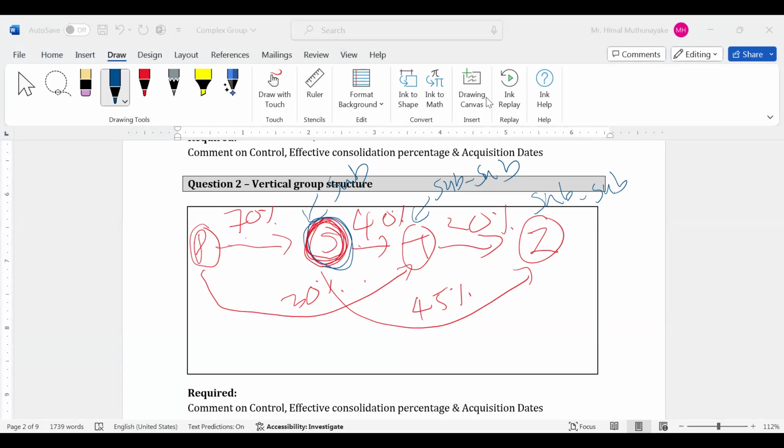Then how are we deciding the effective holding? Let's look at the effective holding of Z. That is the most difficult part now. How are we calculating the effective holding of Z? The first part we can directly get: 70% multiplied by 40% multiplied by 20%.